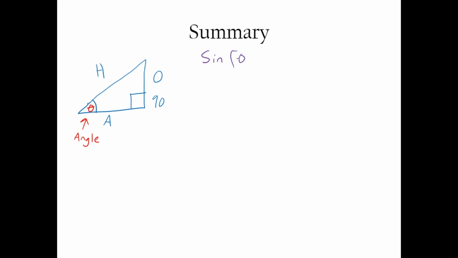So we said before that sine of theta, where theta is referring to our angle, is equal to opposite over hypotenuse. We also know that cosine of theta is equal to adjacent over hypotenuse. And lastly, tangent of theta is equal to opposite over adjacent.